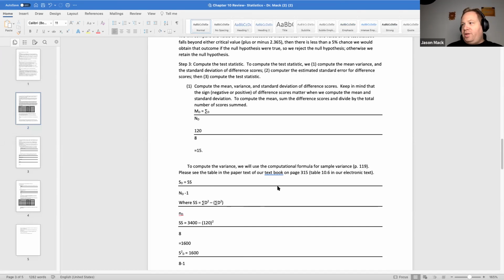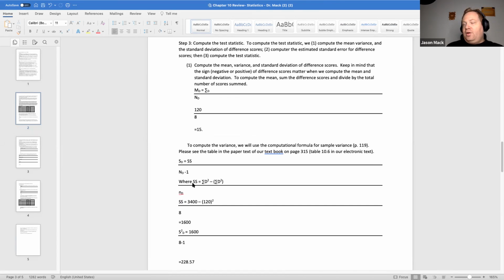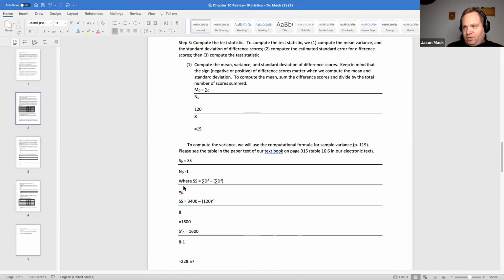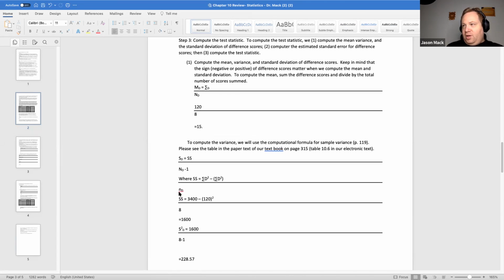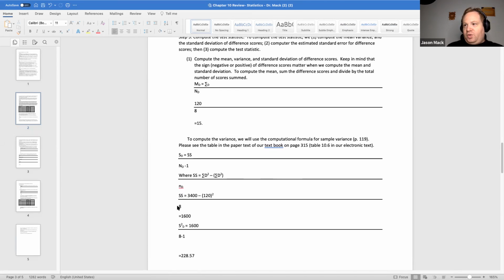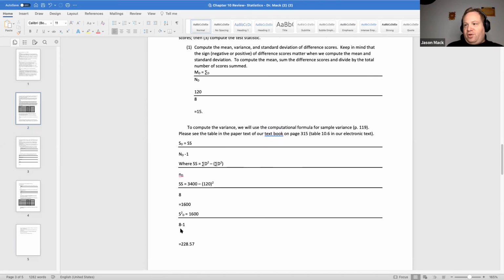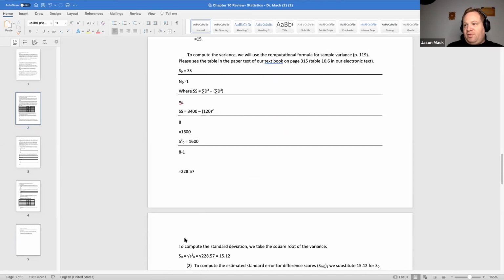So that's literally what we did, okay? We did the sum of the squares divided by nd minus 1, where the sum of the squares is the sum of the difference squared minus the sum of the difference, squared, over the sample or population difference. It's 34 minus 120 squared divided by 8, 1600. S2D is 1600 divided by 8 minus 1, 228.57.